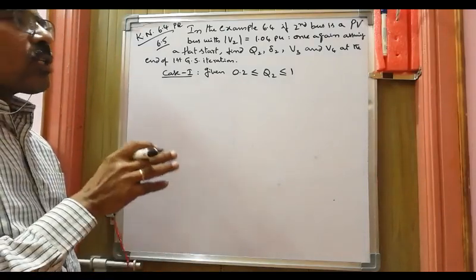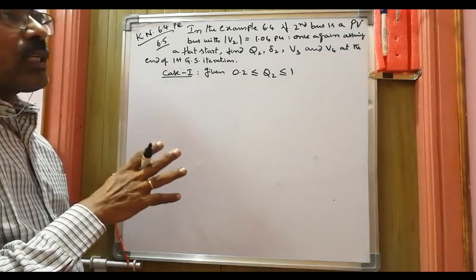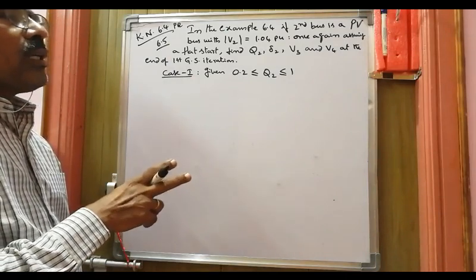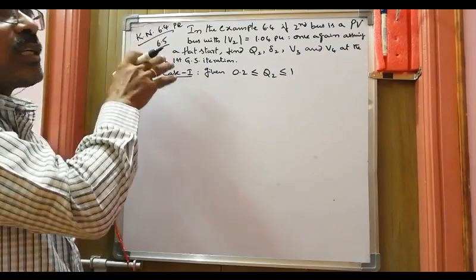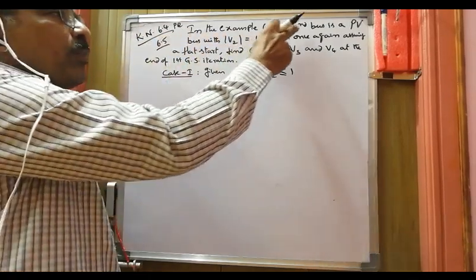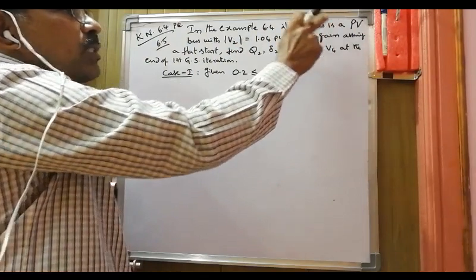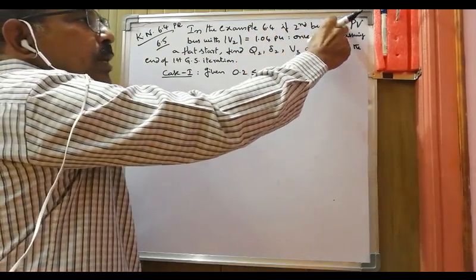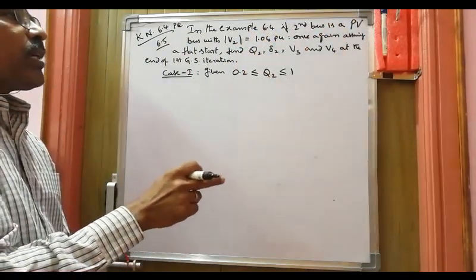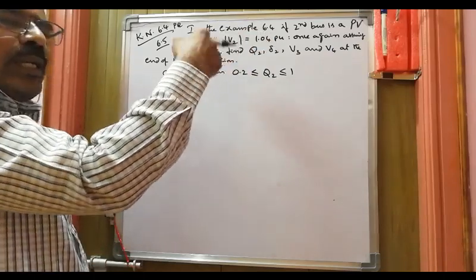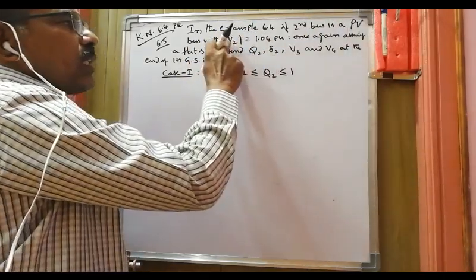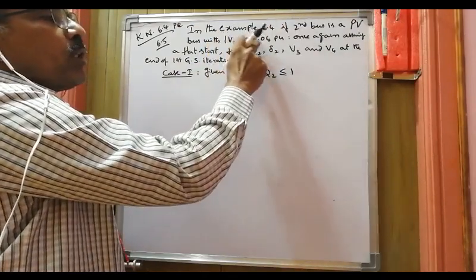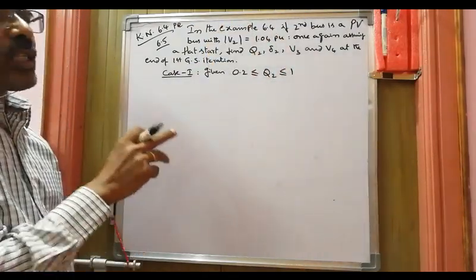So again you are asked to compute one iteration of the Gauss Seidel method, but the second bus, earlier all buses were PQ buses in that example, is now made a PV bus, in which P and V are to be specified. P is already there in the data, and V2 is given as 1.04 per unit.